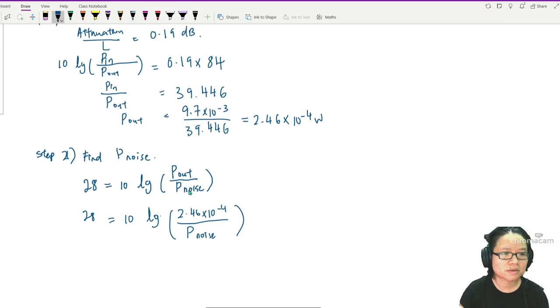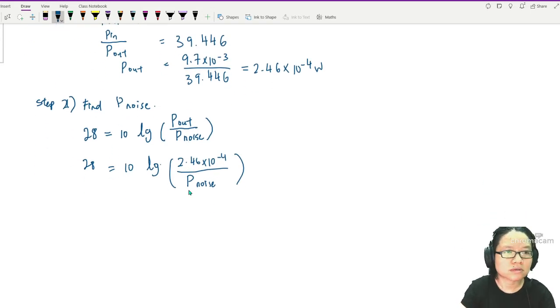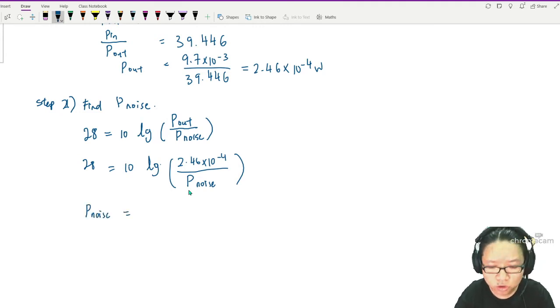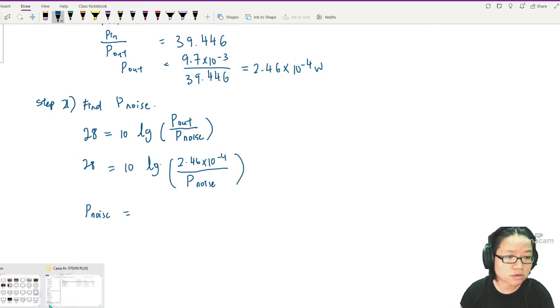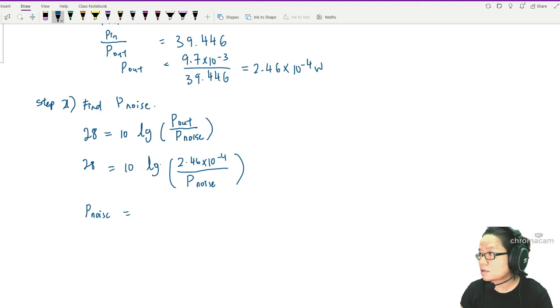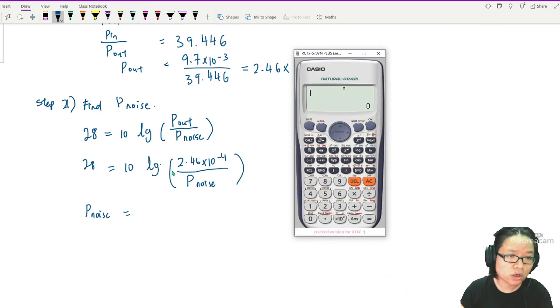Let's see. I can just press my calculator. So what I'll do is I will anti-log. Actually, I should show you how I press so that you don't spend too much time stuck in this. 10 bring over and divide.